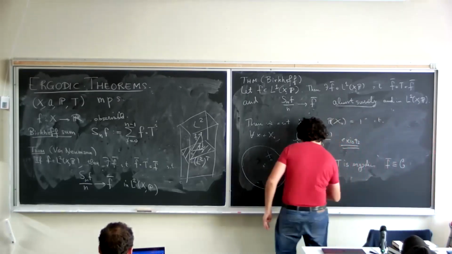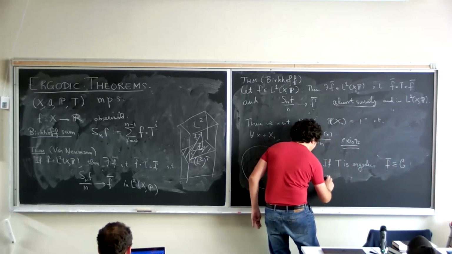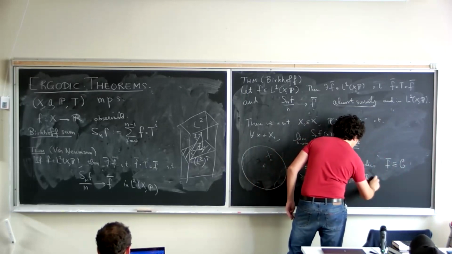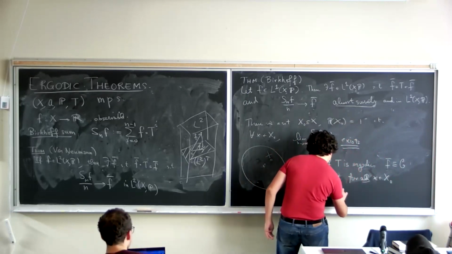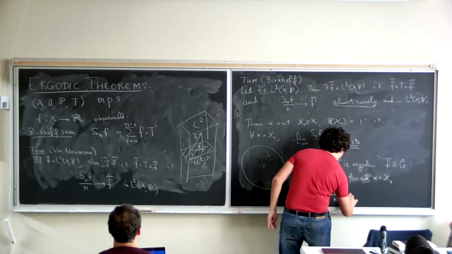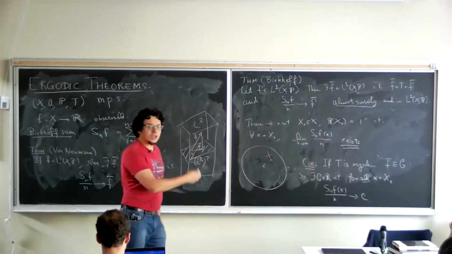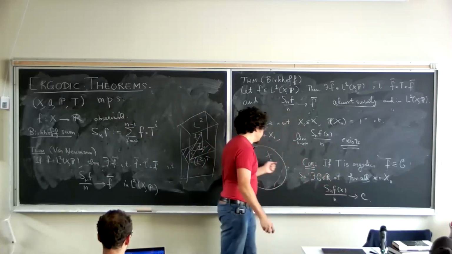So there exists some c, just some real number, such that for all x in X naught, this average converges to some number. This number is a unique property of the system now. It's not a property of the starting point anymore.